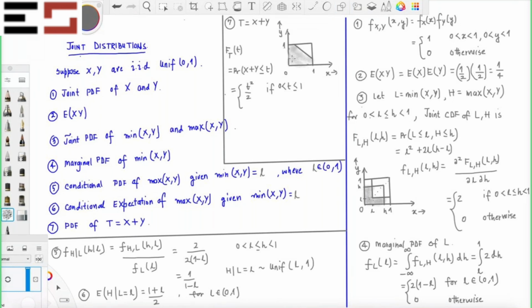Yes or no? This is if t is greater than 1. Of course, t is between 1 and 2, I should say. If t is between 1 and 2, then I have to do the integral of the joint density of x and y over this region. Do you all agree?